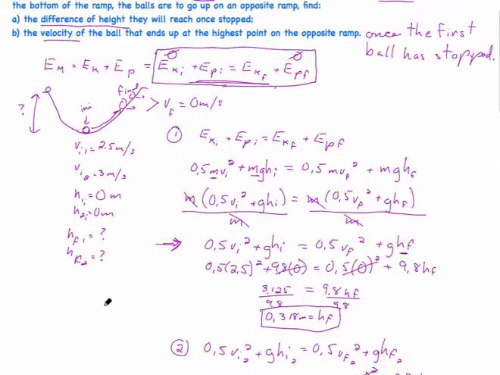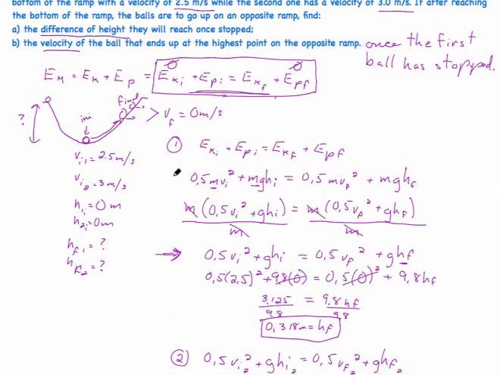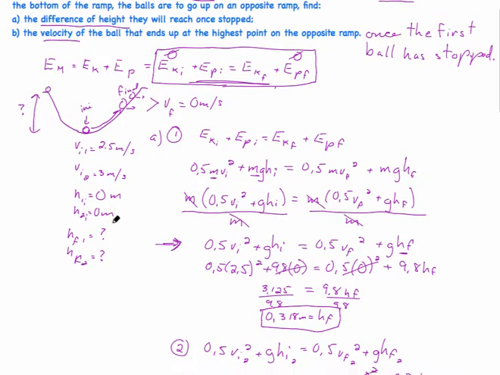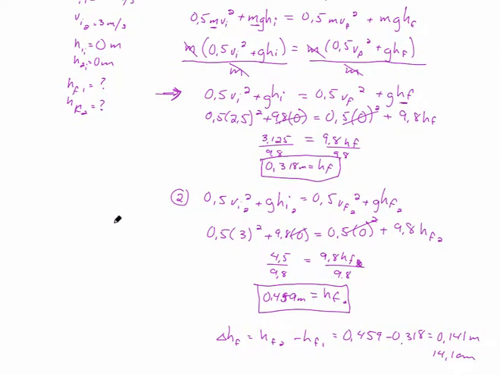Now if I try to answer B, because all of this was for A, right? I'm looking for the velocity of the ball that ends up at the highest point. So which is the ball that ends up at the highest point? It is ball 2, and we could instinctively figure that out.